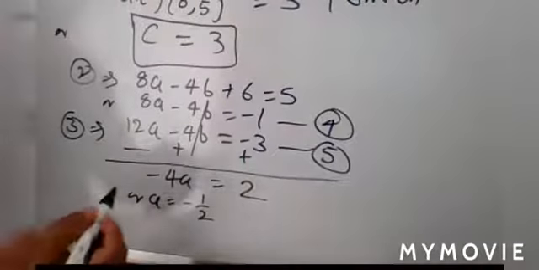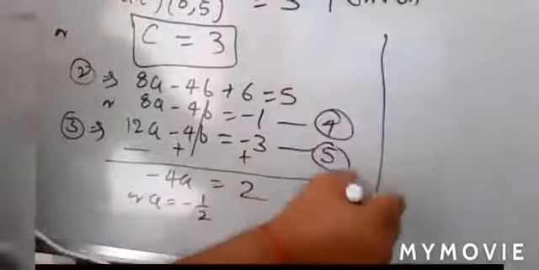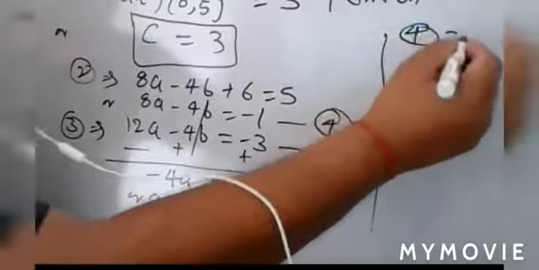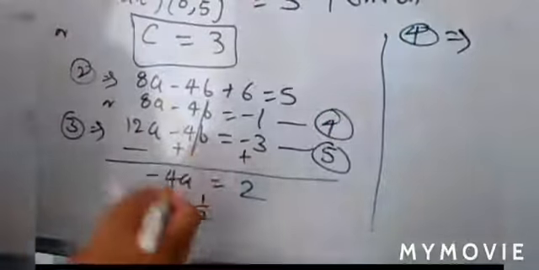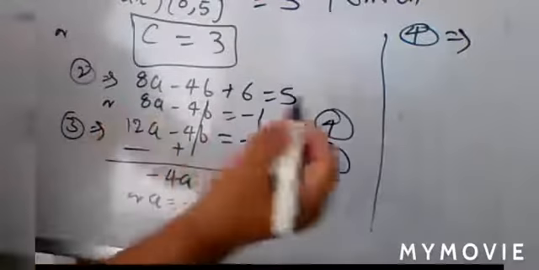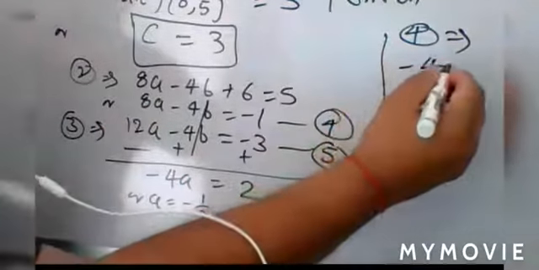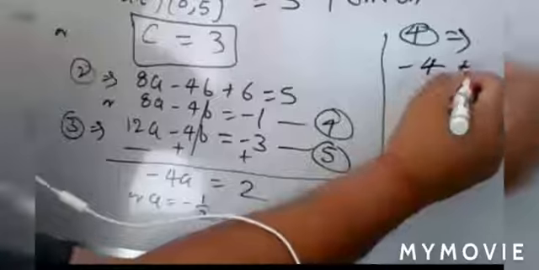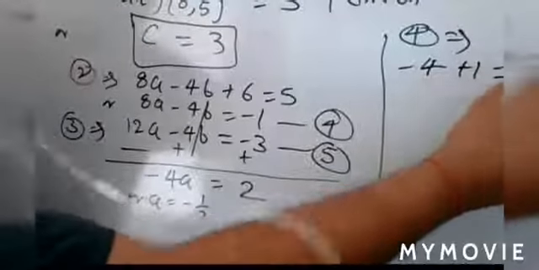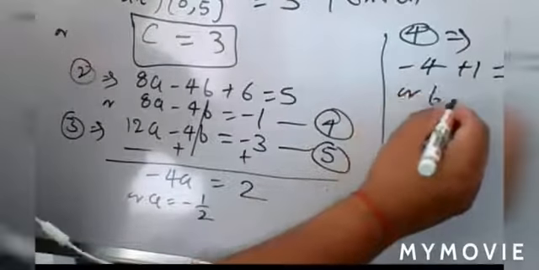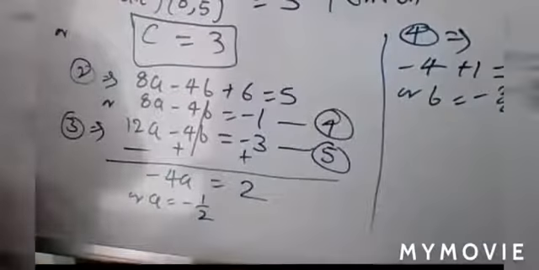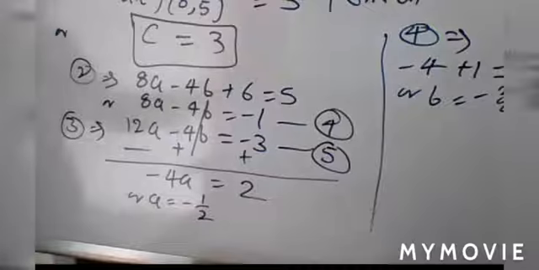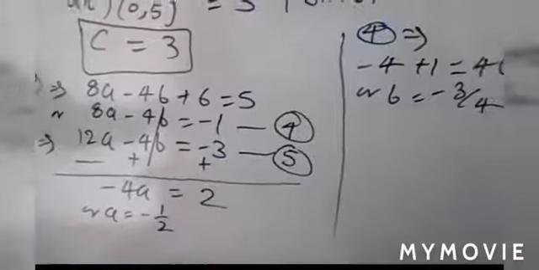Putting it in 4, a is minus 1 by 2, so you have minus 4 plus 1 is equal to 4b, and so the value of b is minus 3 by 4.